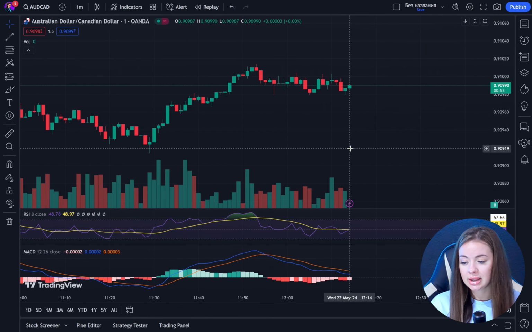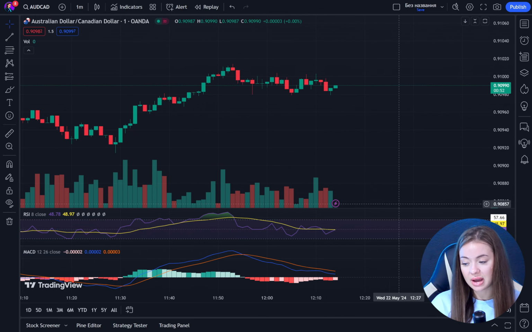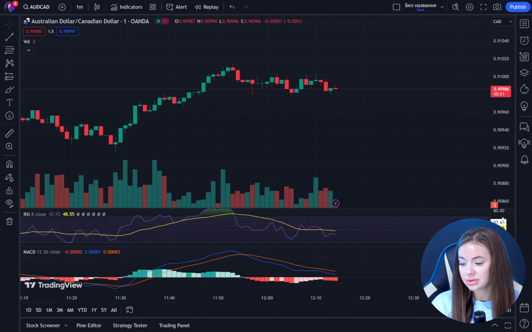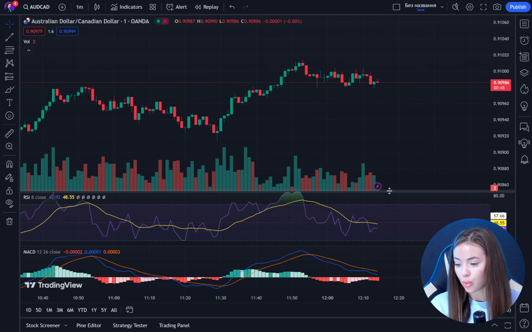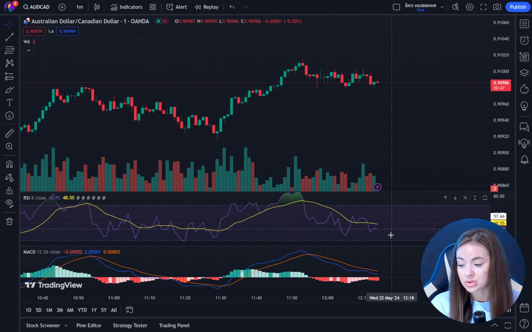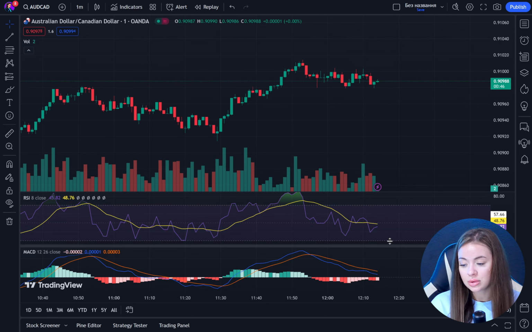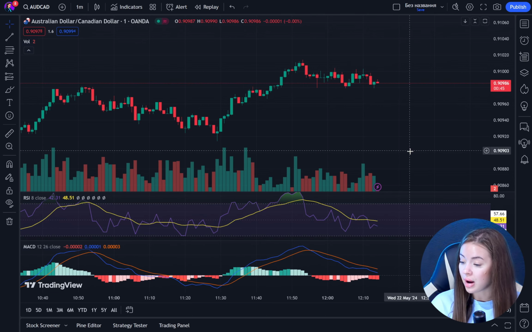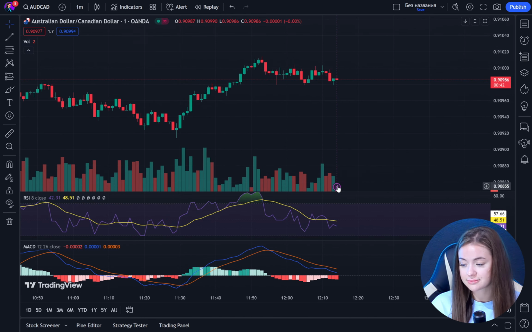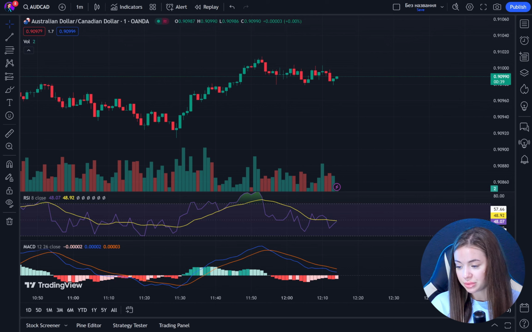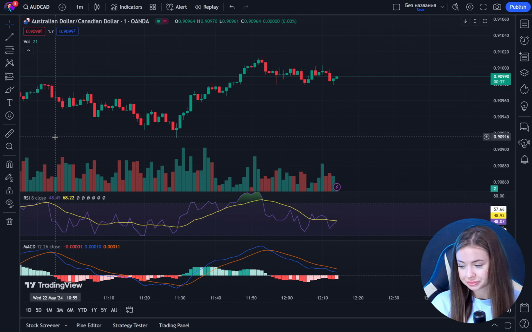The RSI is also around the 50 level, indicating a neutral market state, but also showing that the recent movement was downward. It's important to note that the 50 level was recently crossed from above, suggesting the beginning of a downward movement. The MACD line, marked in blue on the chart, remains below the orange signal line, which is a bearish signal.